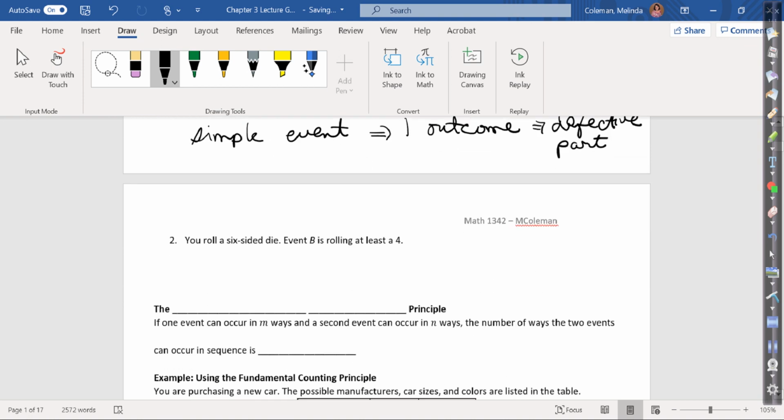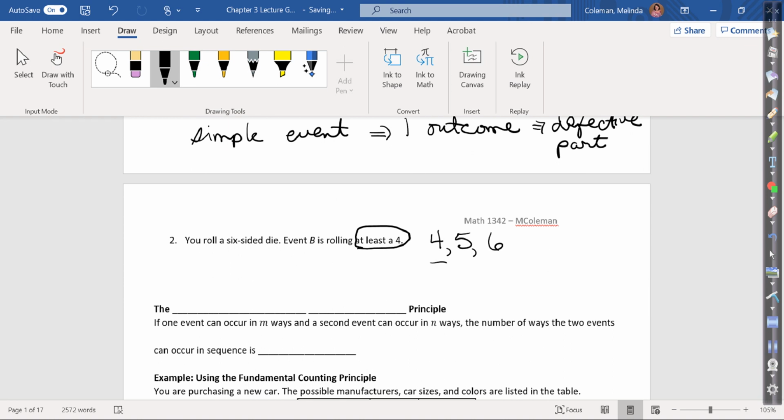Number 2 says you roll a 6-sided die. Event B is rolling at least a 4. So now we have the words at least a 4. So at least 4 means we could roll a 4, we could roll a 5, or we could roll a 6.